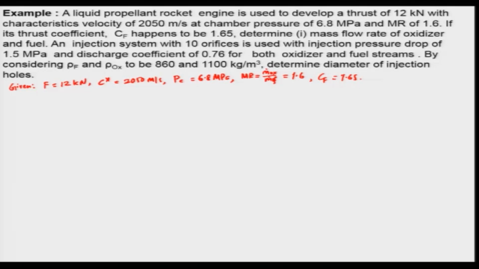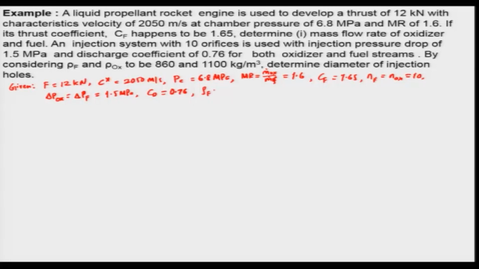The number of orifices for both fuel and oxidizer is 10, which in a real situation need not be the same, with injection pressure drop delta P oxidizer and delta P fuel equal to 1 megapascal, and discharge coefficient 0.76 for both fuel and oxidizer streams.